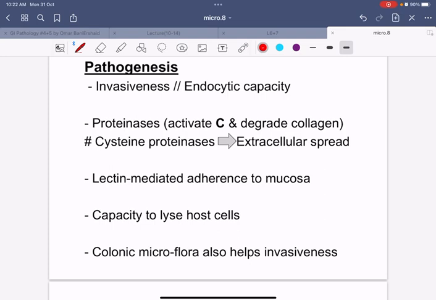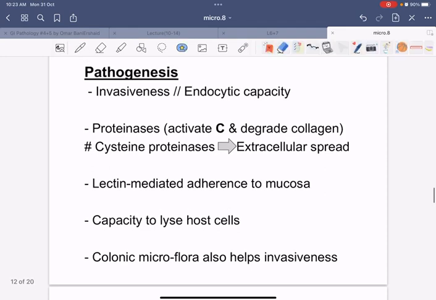Colonic microflora help in invasiveness. The microflora in the intestine can cause infection and ulcers, so invasiveness becomes easier. Colonic microflora help in invasiveness.